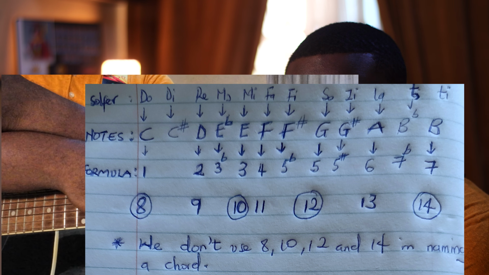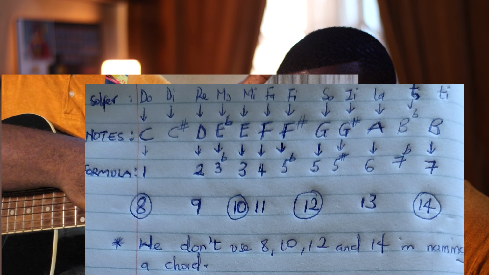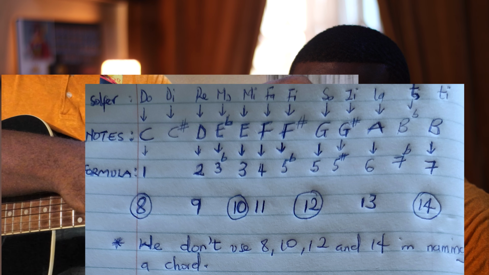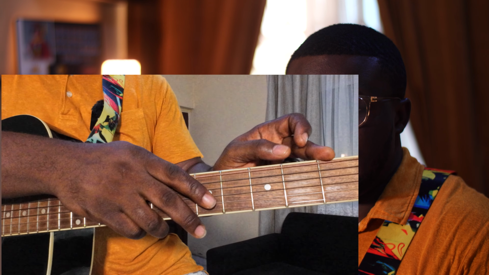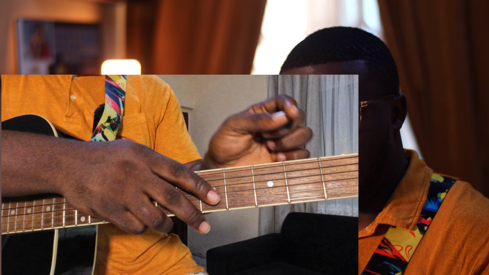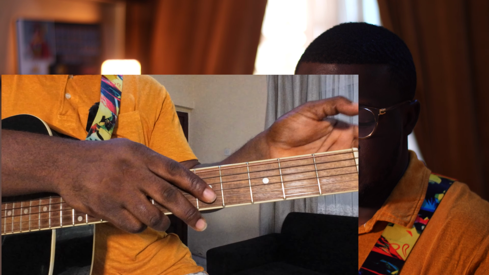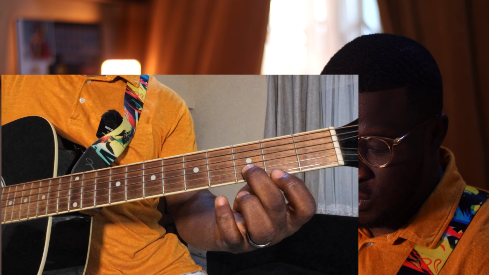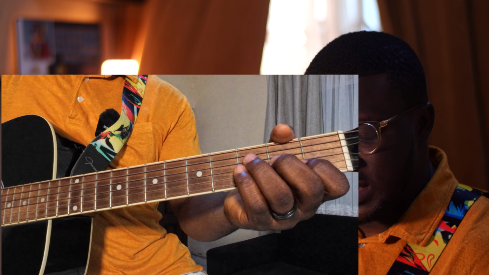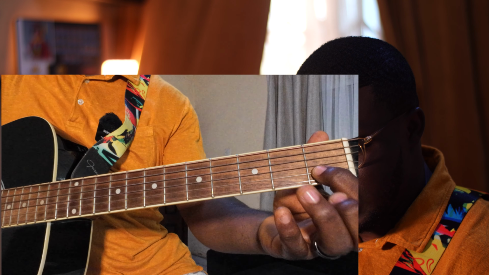Within 1 to 7, if C equals 1, then C sharp is called 1 sharp or 2 flat. So 2 flat is 1 sharp.